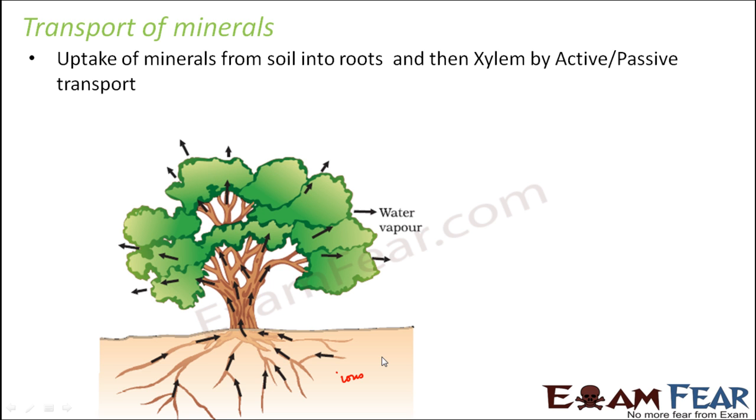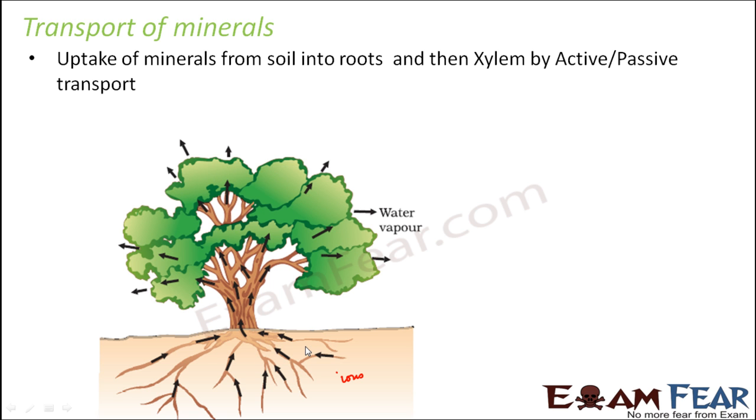So they need either facilitated diffusion, or if their concentration is less in the soil, then they might need active transport. So that way they need to be taken up by the roots, right? Because they cannot directly pass through the membrane. Now the concentration of minerals is high in the root compared to the soil, because roots already keep absorbing minerals.